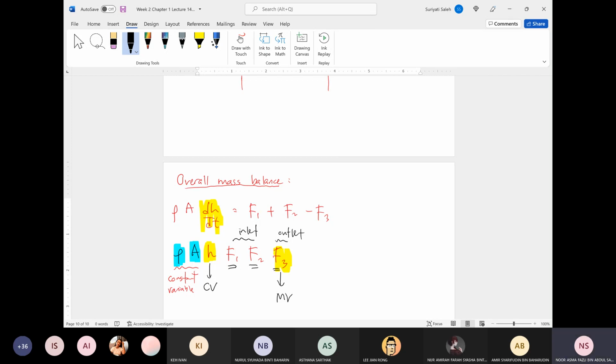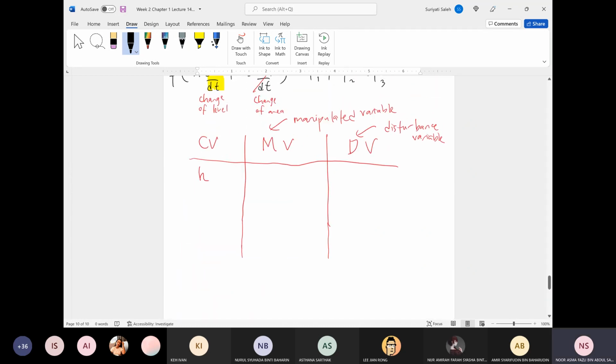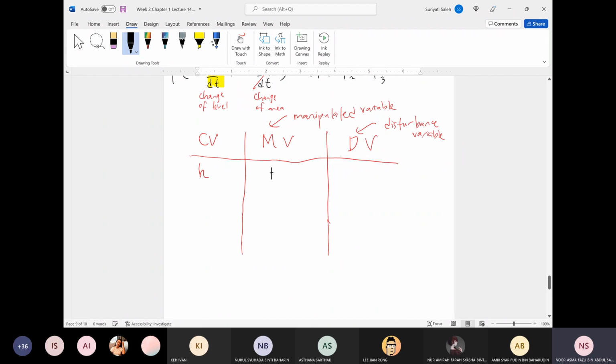That is how you can adjust your level accordingly. So we have the CV, H, MV, F3, and the remaining F1 and F2 will become your disturbance variables.